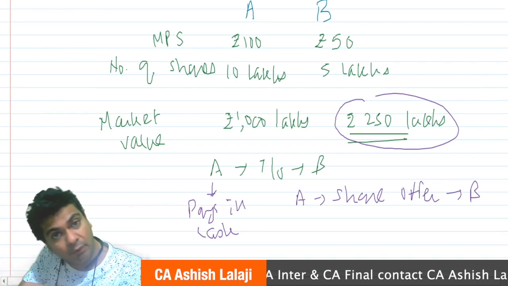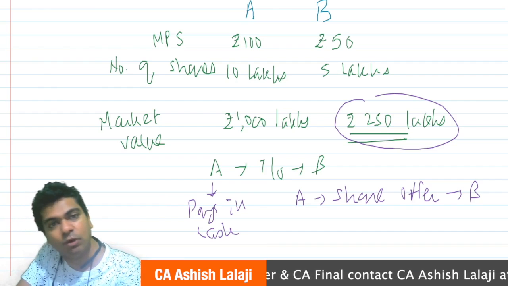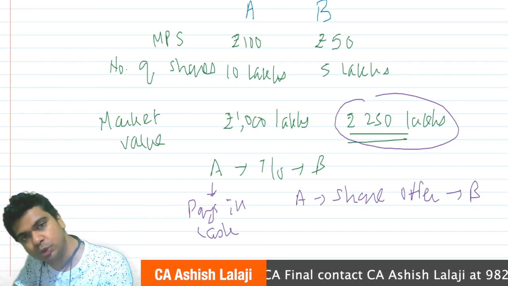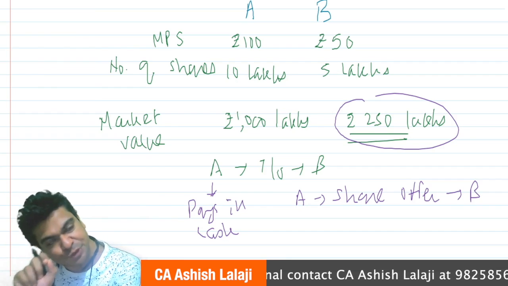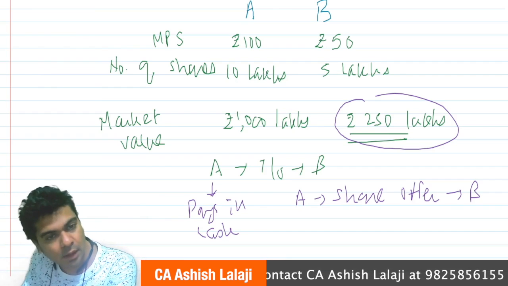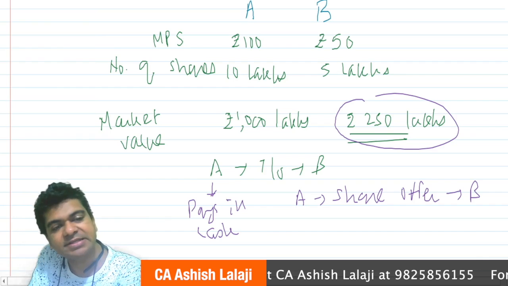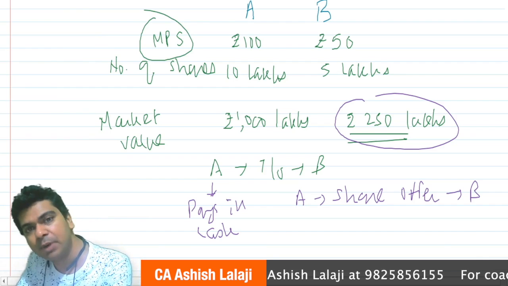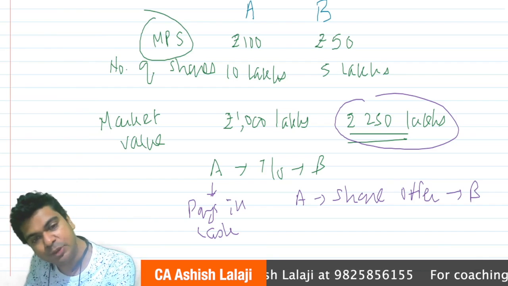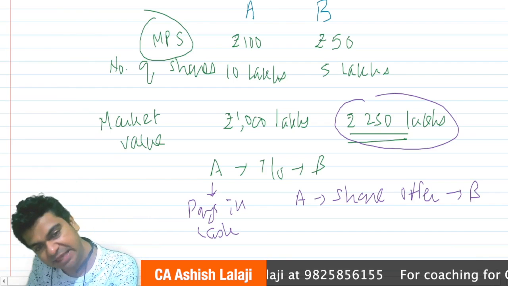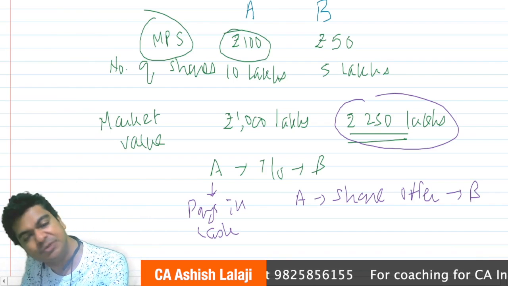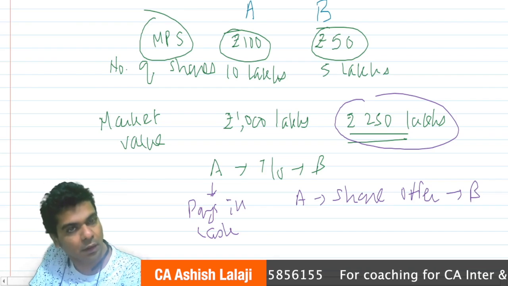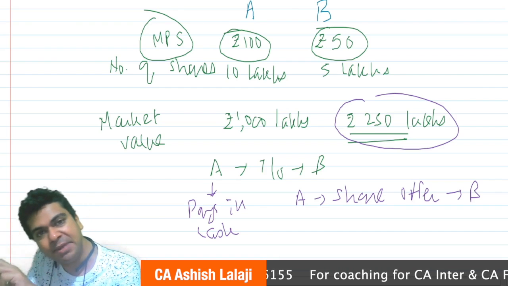Now, how exactly should I decide what the share exchange ratio should be? Some base has to be selected. Let us assume we are selecting the base as the market price per share. The share price of A is 100 and the share price of company B is 50, so I can use the MPS as a base.